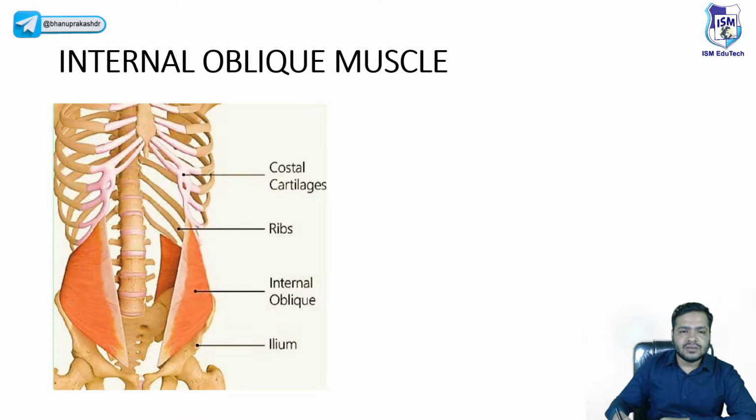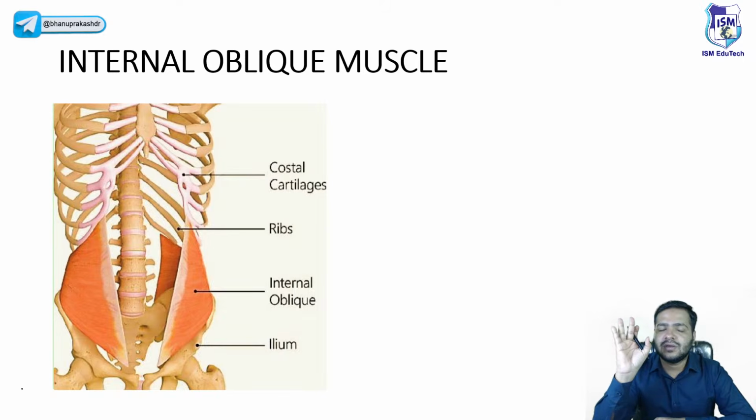So let us start with the internal oblique muscle. As you already know, for every muscle four things are very important: we have to discuss the origin, insertion, nerve supply, and action. Action as a whole, I will be discussing at the last.